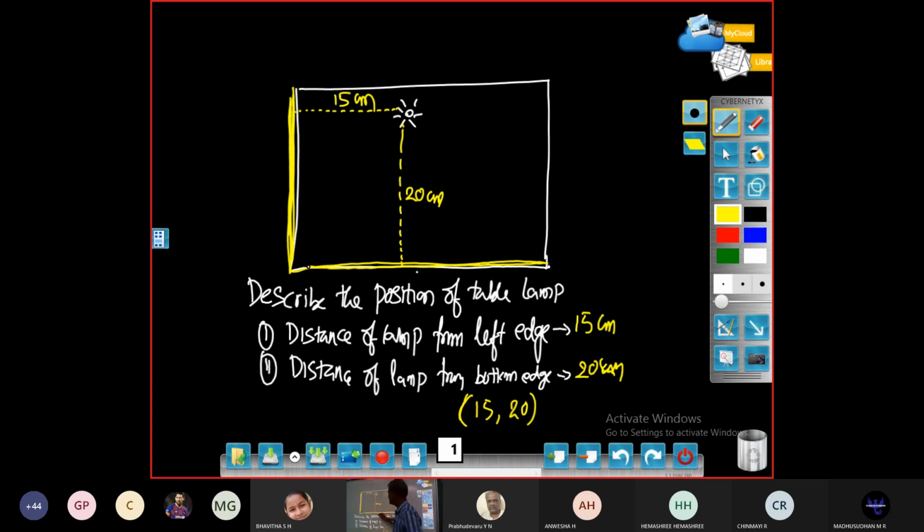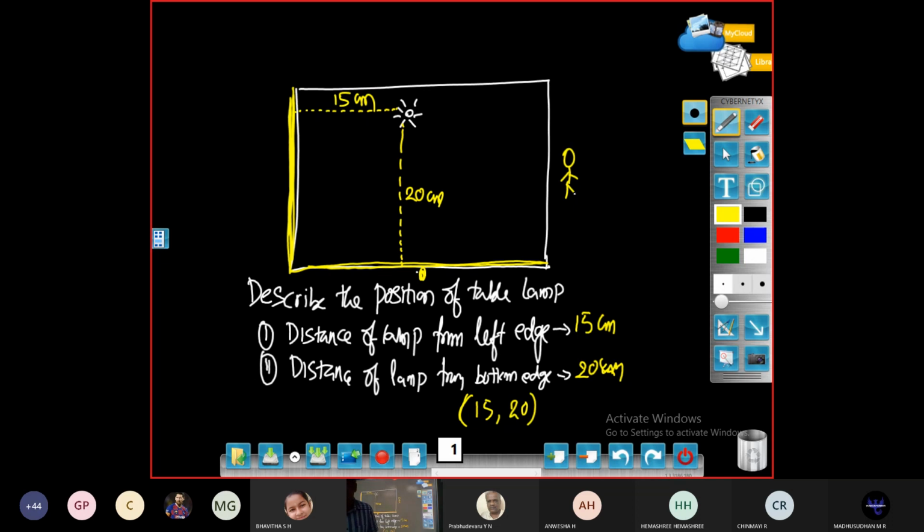Sometimes I may be sitting here and I can locate the point. Some person will be sitting here and he will tell a different dimension for that, isn't it? Yes, sir. So it depends on the position or the reference points you have taken. So now we have taken like this. So you can call it as 15 and 20.